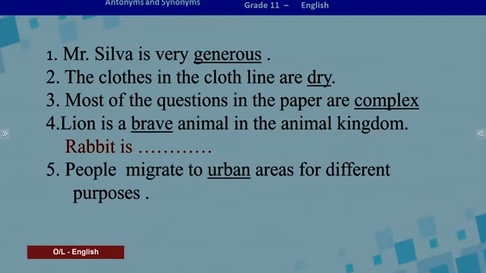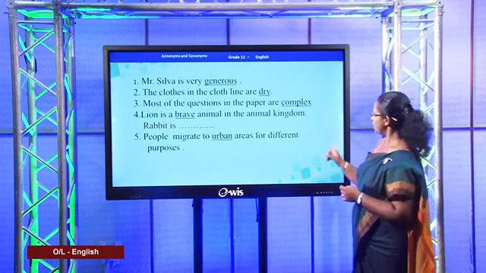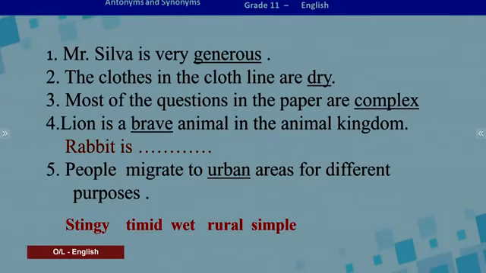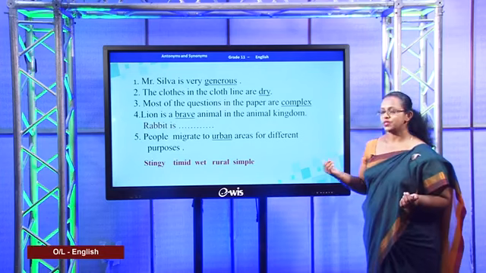Let's move on to the fifth one. People migrate to urban areas for different purposes. The underlined word is urban. Right, now, you are given some words. You have to select the words from the list given, replace them with the underlined words. Take your time and do the activity now.